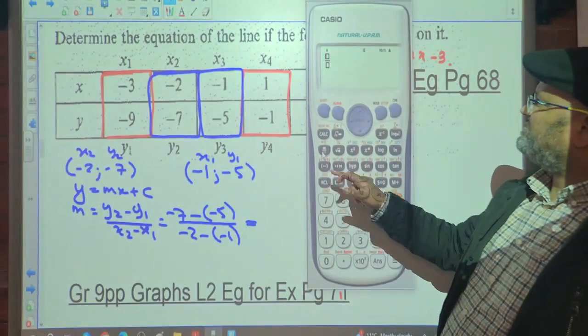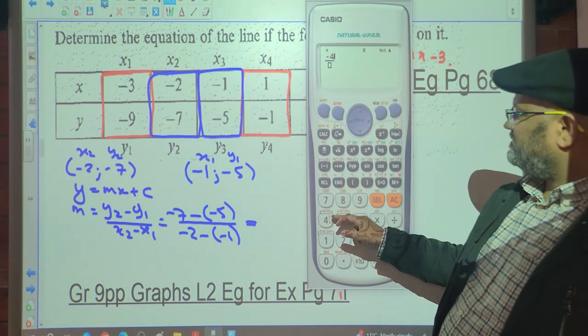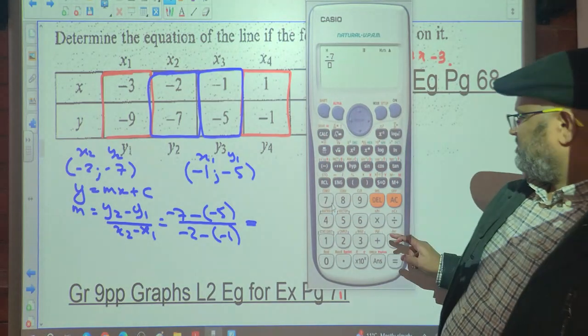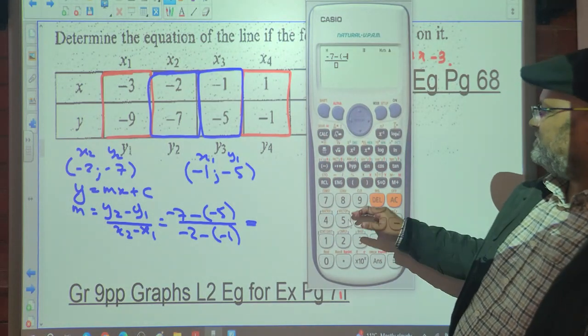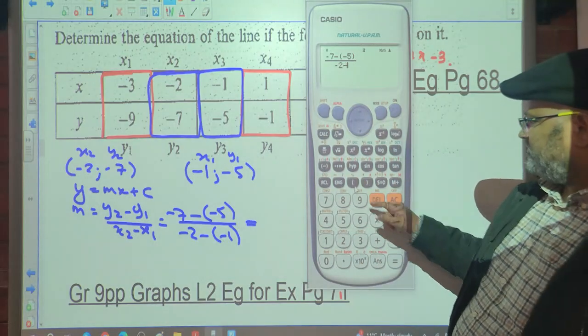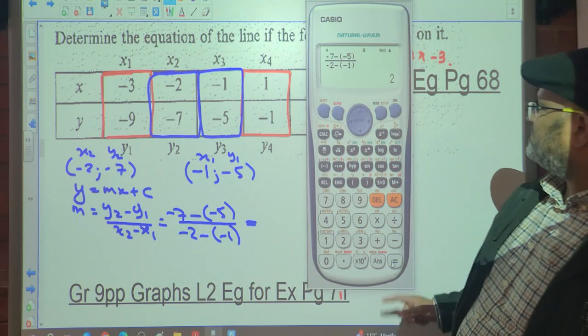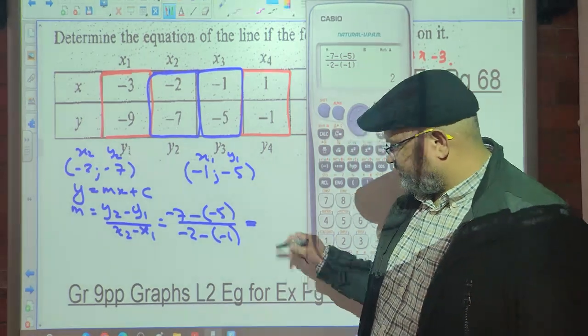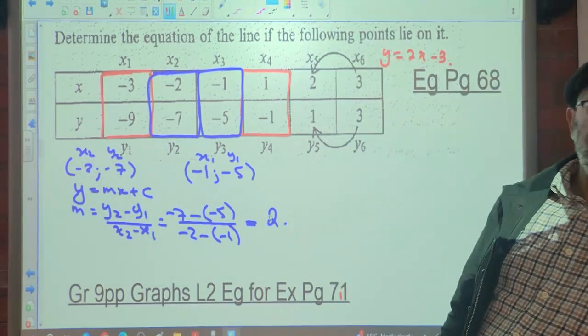But say we didn't know that. So you go negative 7 minus negative 1. There is no reason for you to get this wrong, okay? It gives you an answer. Okay.